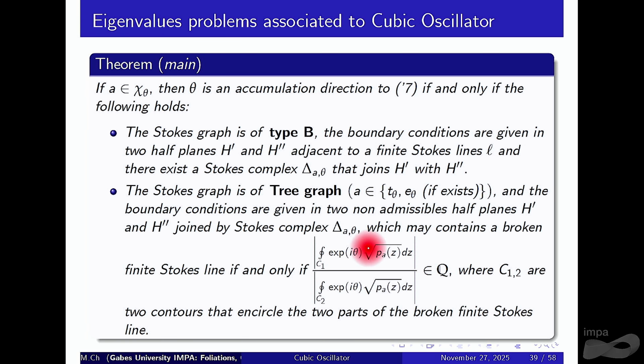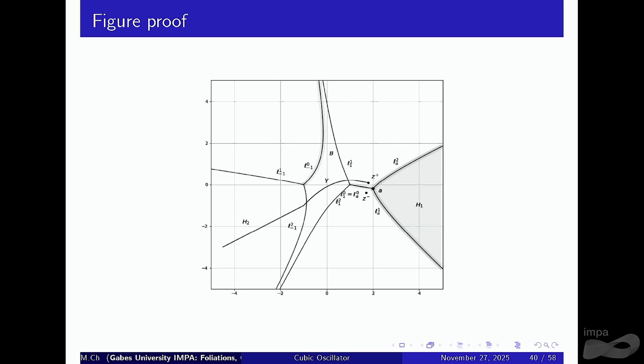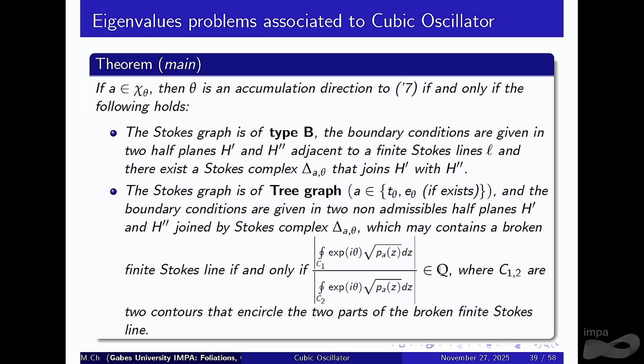And in the tree graph, or Boutroux graph in the nomenclature of, for example, Bertola and Mo, we have this condition to have an accumulation direction. So the idea of the proof is to cover the sphere with canonical domains and express each passage from one canonical domain to another canonical domain to get this classification.